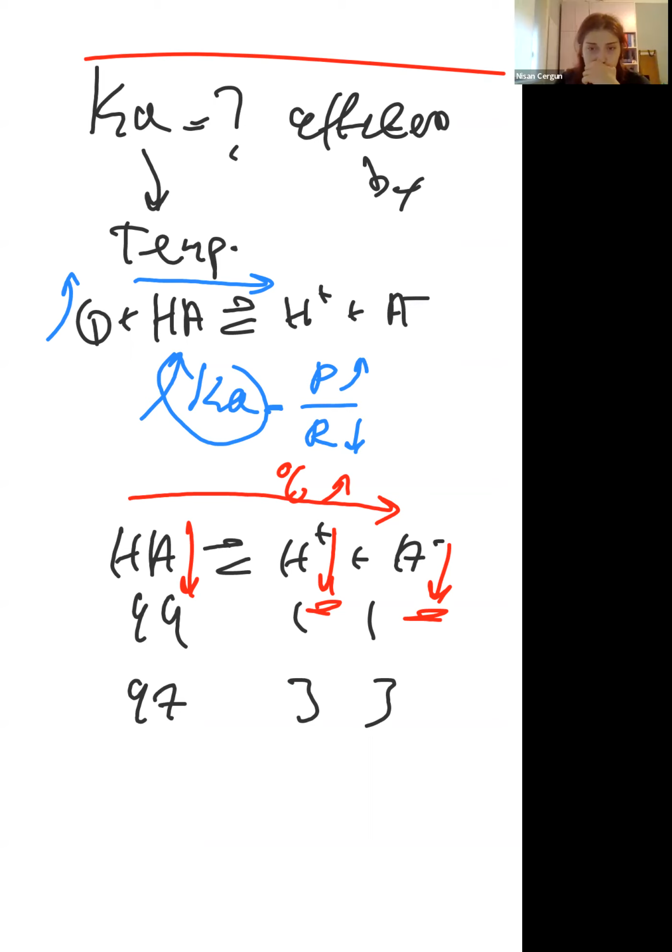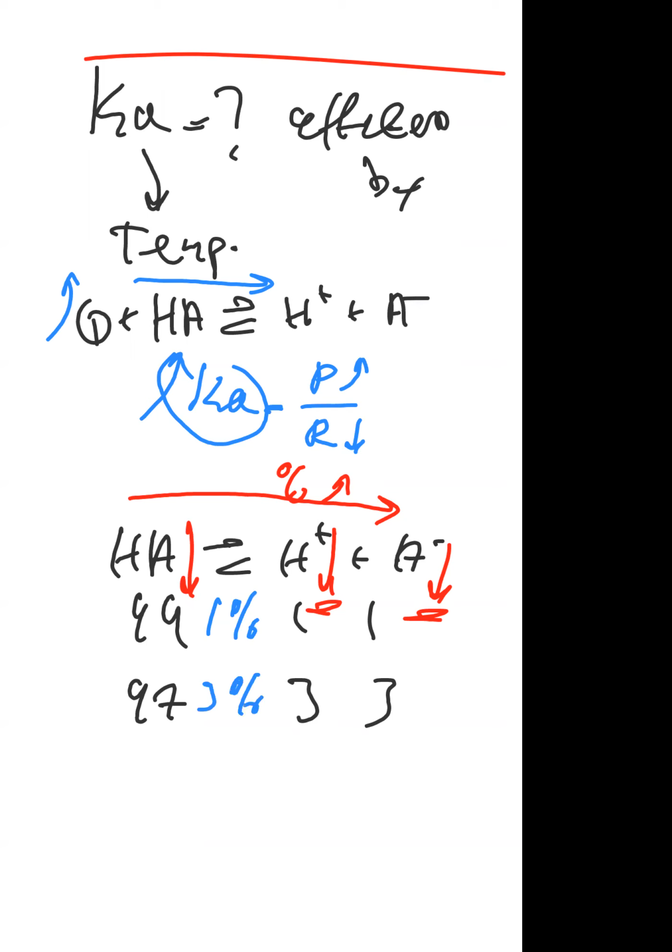We finally state that while the equilibrium shifts to the product side, the ionization percentage is increased. Initially it was 1% ionized, then now it became 3% ionized.